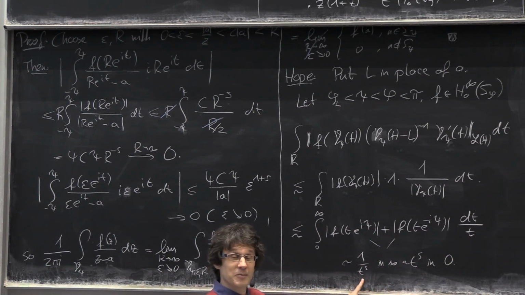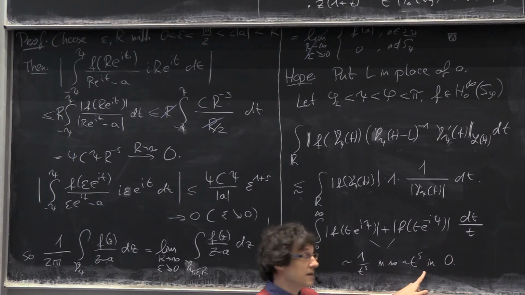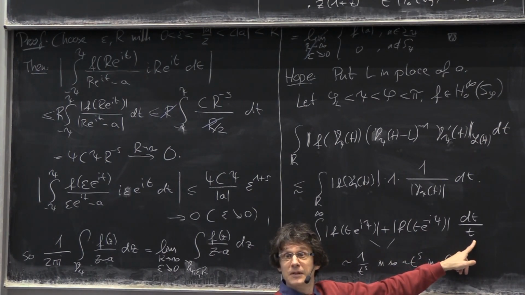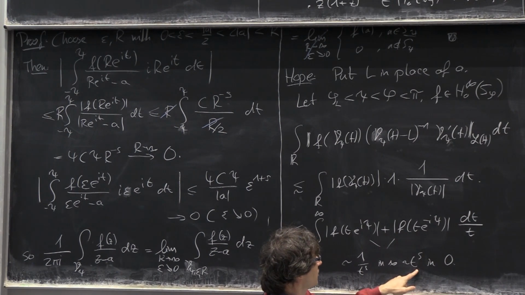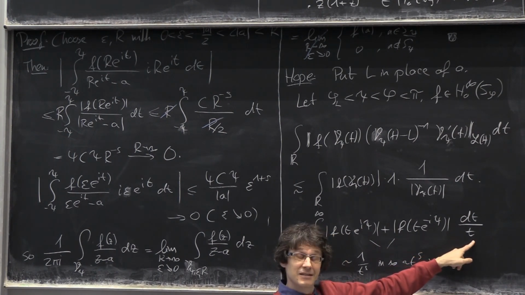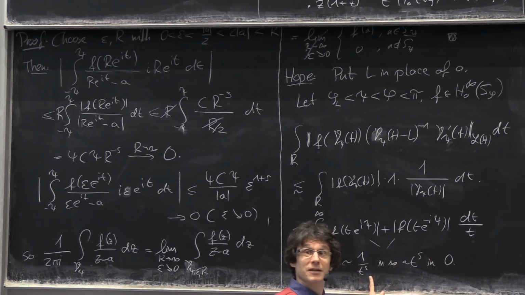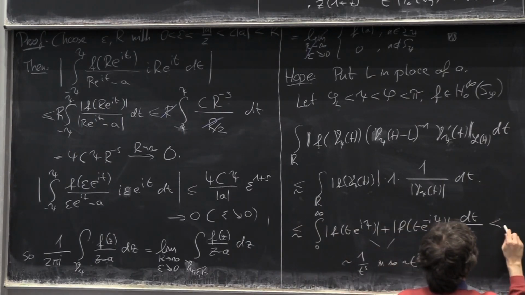It has a polynomial decay at infinity and at 0. So at 0 you have 1 over t to a little bit less than 1, and at infinity you have 1 over t to a little bit more than 1. So it's exactly the thing that you need for an absolutely convergent integral. So this is fine.